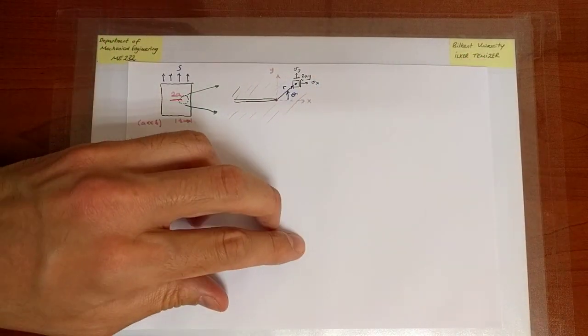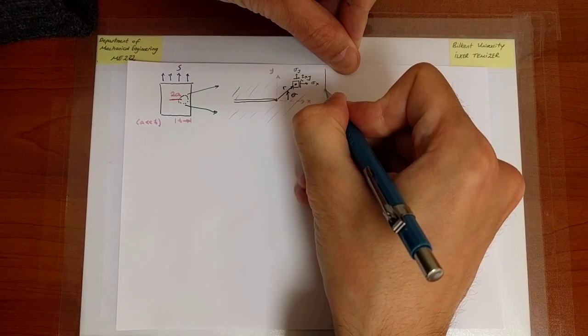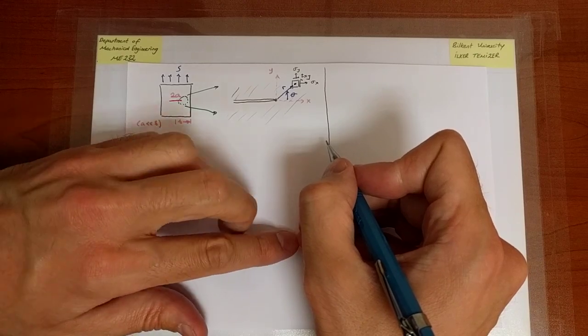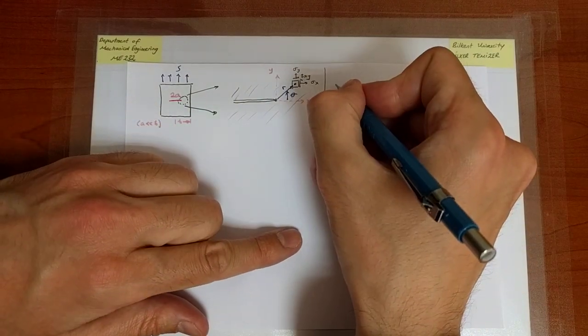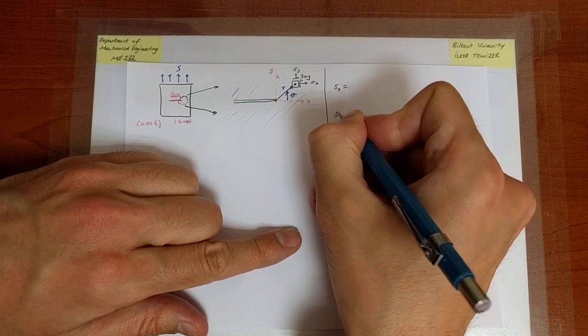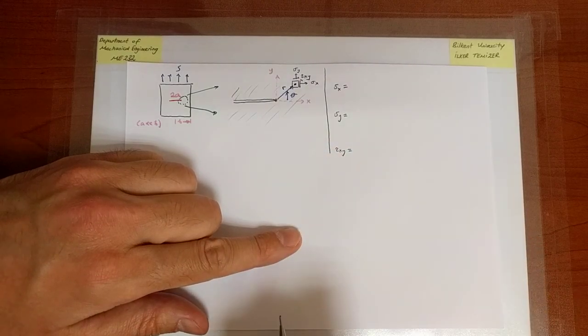The purpose of this course is not to derive the results for the stress fields, but just to make use of what appears in those stress fields. So I'm going to write the expressions for sigma x, sigma y, and tau xy.